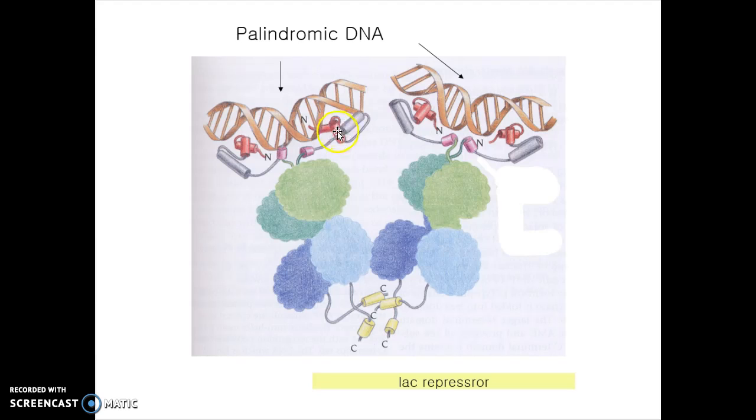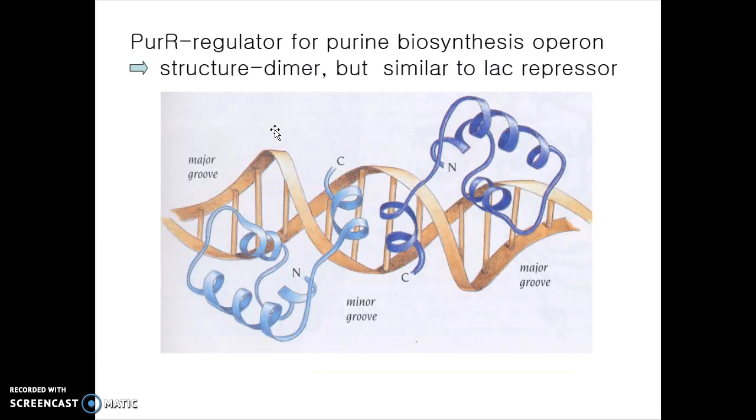So each just could bind to the major groove of target DNA, which has palindromic sequences. PurR is a regulator for the purine biosynthesis operon.